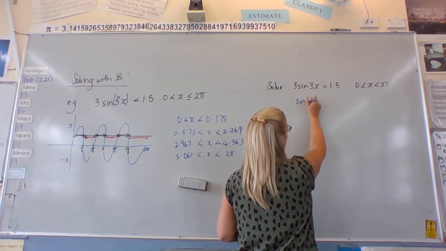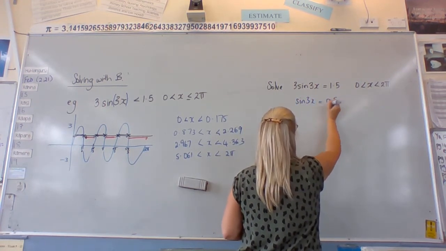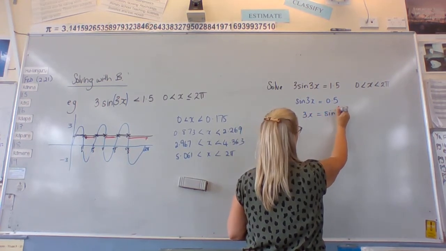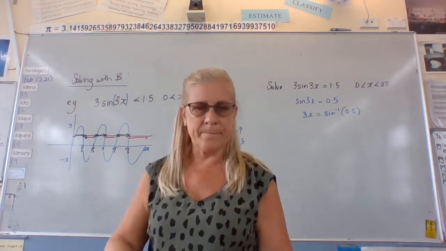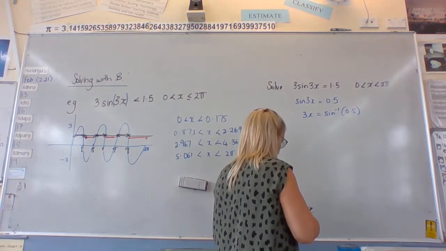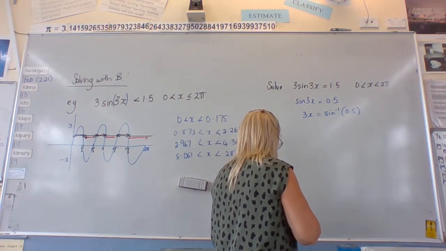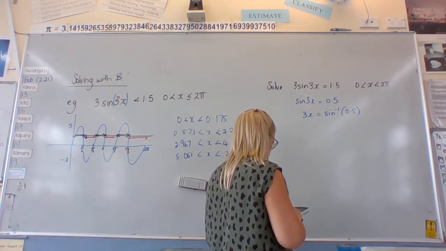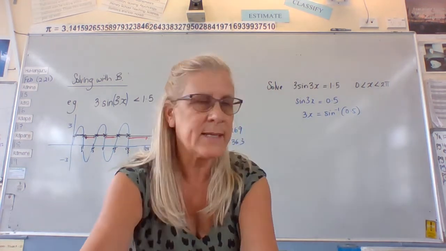So we solve this. Sine 3x equals 0.5. 3x equals sine⁻¹ of 0.5. So put that in our calculator because we need a value there. 0.5236.